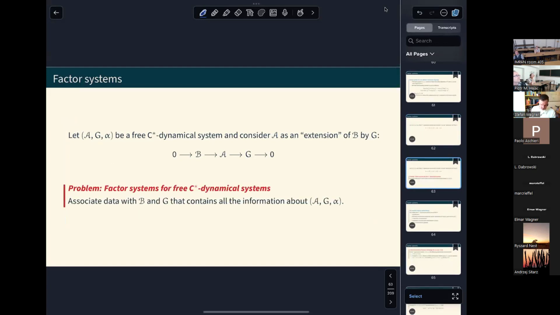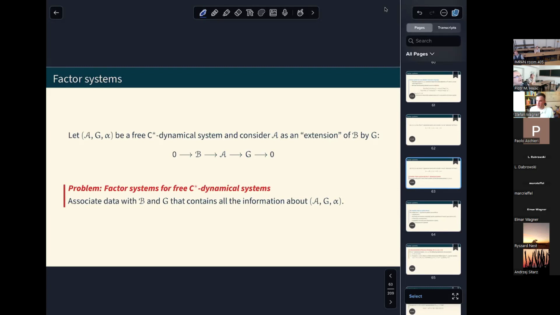And the problem is, I would like to associate data with B and G that contains all the information about the C*-dynamical system. Again, just like with group extensions, I would like to have data associated to B and G that recovers the C*-dynamical system. All right.